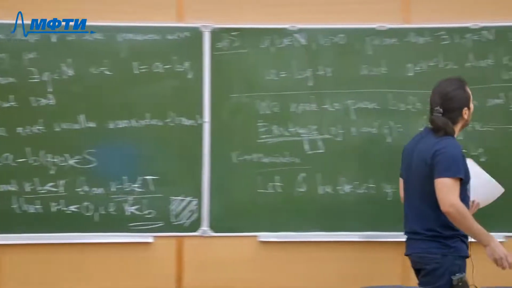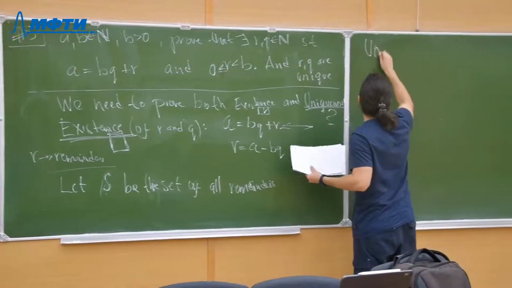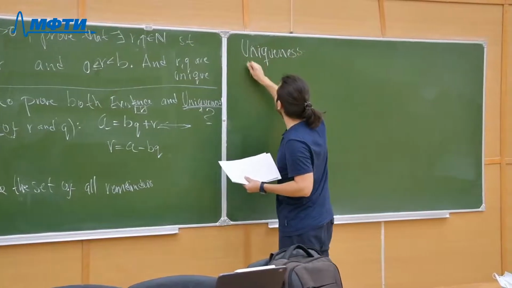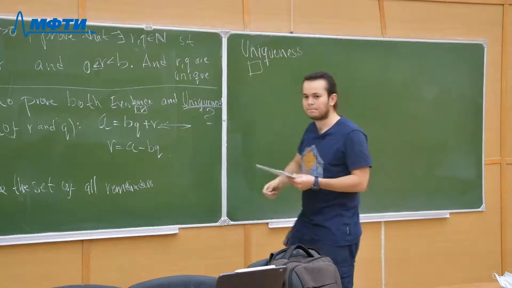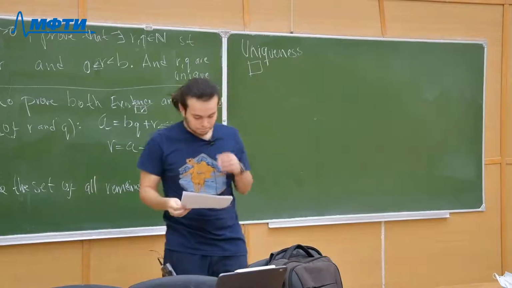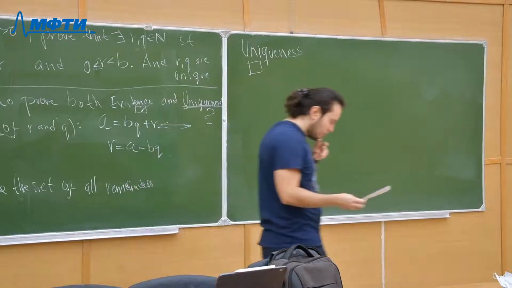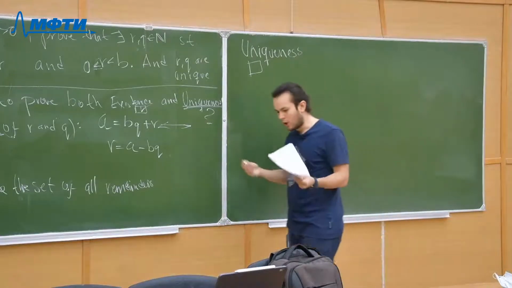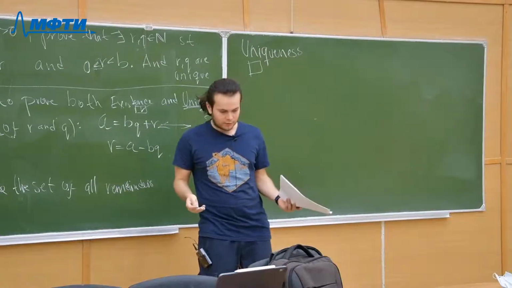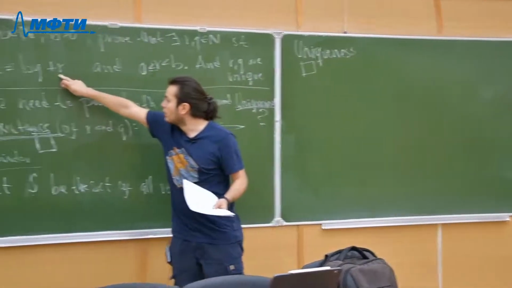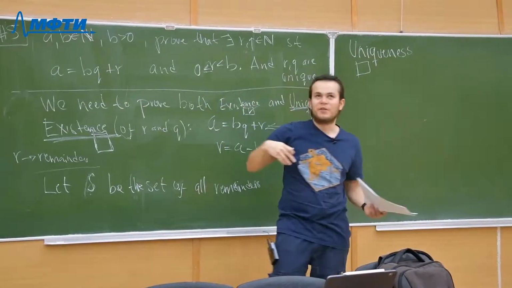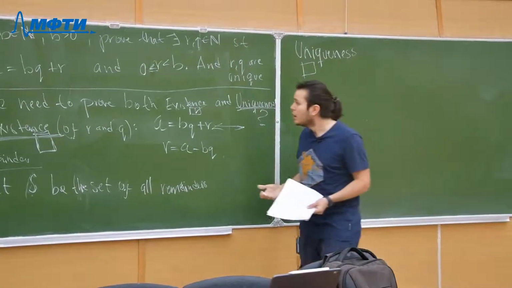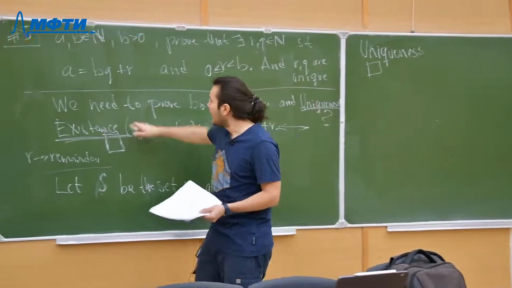Okay, so now we have to prove the uniqueness. If we want to prove the uniqueness, what does it mean? That if we have some q and some r for which this holds, then if we have a different q prime and a different r prime, then a and b should be different.